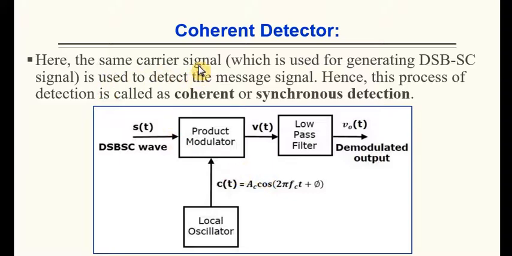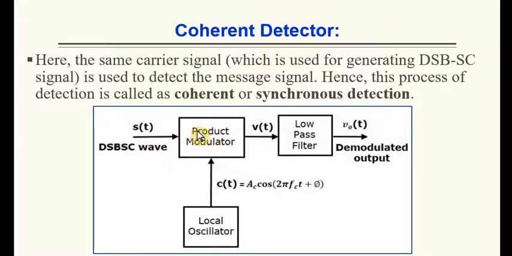As in this block diagram, we have the carrier wave transmitted from the transmitter, propagated through the channel, and delivered to the receiver. S of t is our double sideband suppressed carrier wave.